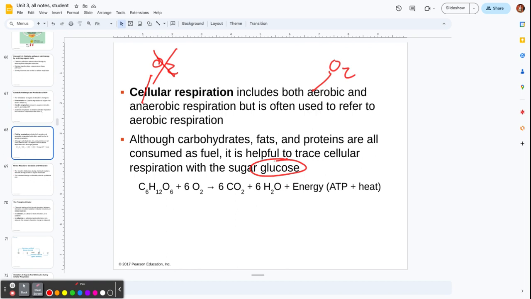Okay. All right. So the equation, and you should know this formula, is C6H12O6. That is what? Glucose. Yeah, that's glucose. And oxygen is going to give us carbon dioxide, water, and energy in the form of both ATP as well as heat.